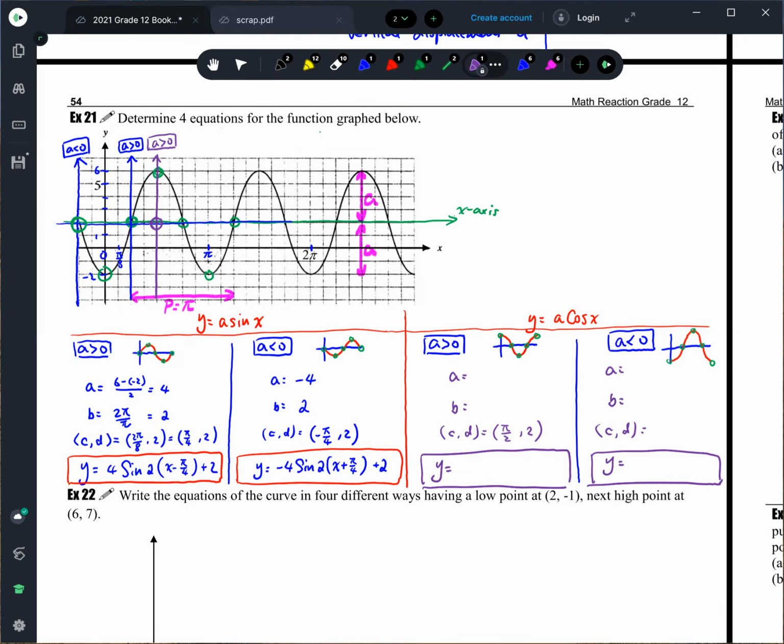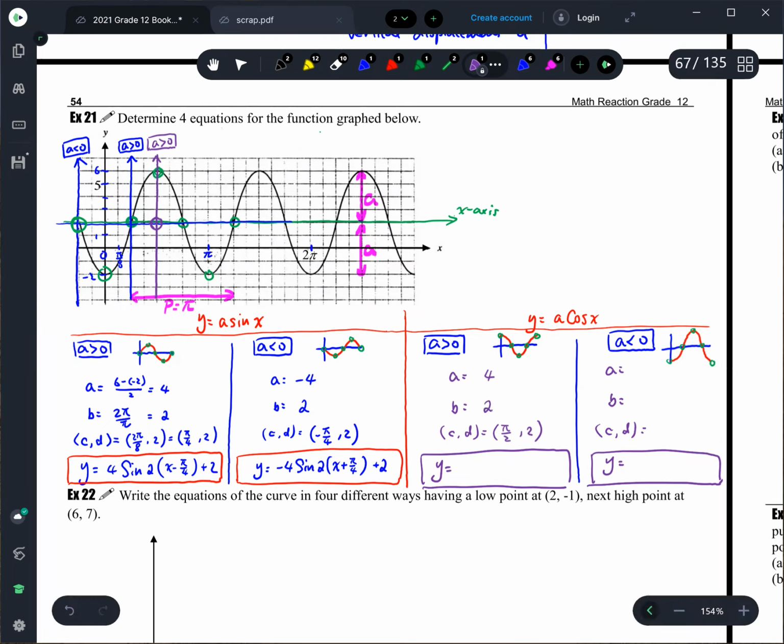All right, Chris, what's the value for A? Is it the same thing? What is it? 4? 4, yeah, no reflection will be 4. And B? B will be 2.